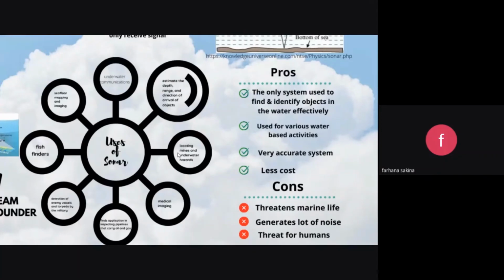For the disadvantages, the waves that are emitted interfere with whales, hence it threatens marine life. The sonar generates slow rolling sound waves which may reach 235 decibels, but the common decibel level is supposed to be 130, so it is too much and can cause death.